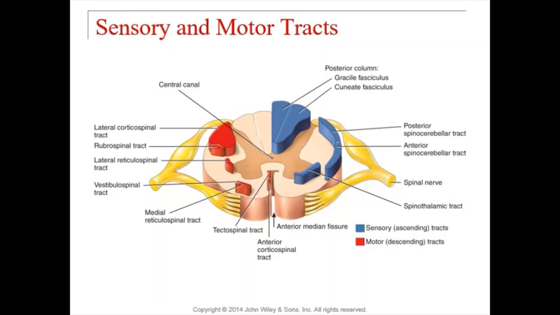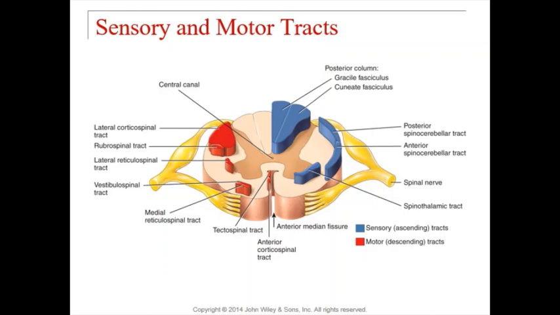Then we're going to look at one motor tract, just one. And again, it's closer to the front of the spinal cord. It's called your corticospinal tract. This is carrying motor information. Thankfully, there's no breakdown for motor information. That's it. Corticospinal tract carries motor information. Period. So know those tracts.